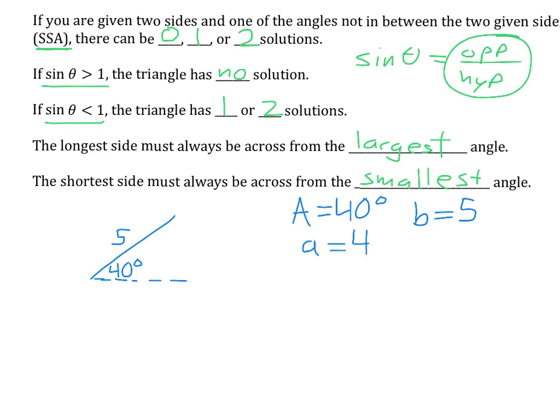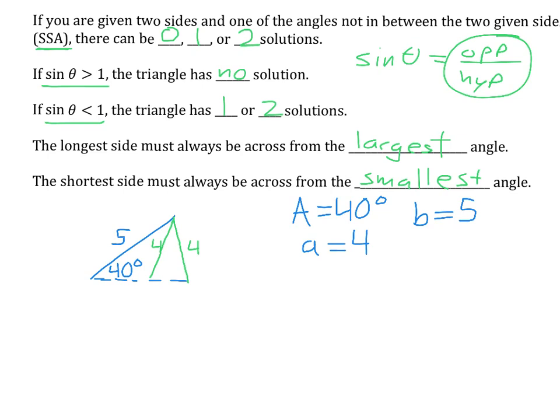Okay, so the reason there's 2 possible triangles here, I can draw that third side like this as 4, and notice both of these sides look like they're the same length.